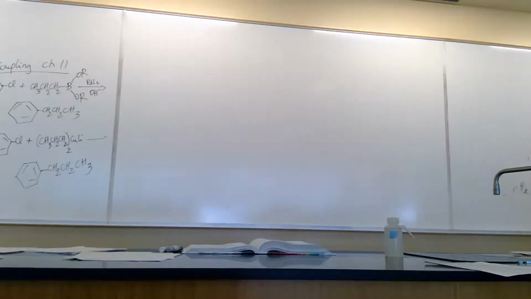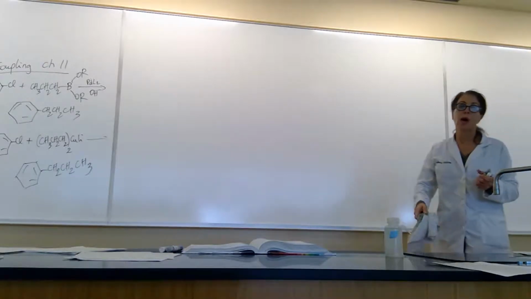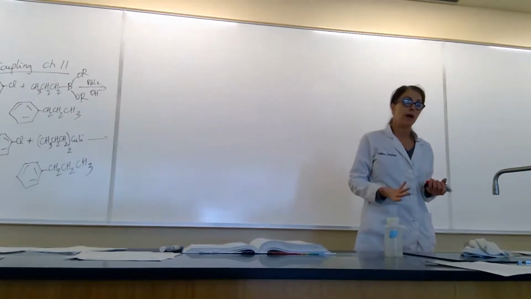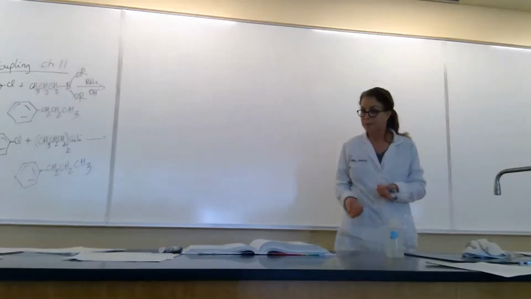Now, if you have one substituent or two or three, to touch the benzene ring, you always need what? What adds to the benzene ring? It always has to be an electrophile, because the benzene ring is always going to be a nucleophile.